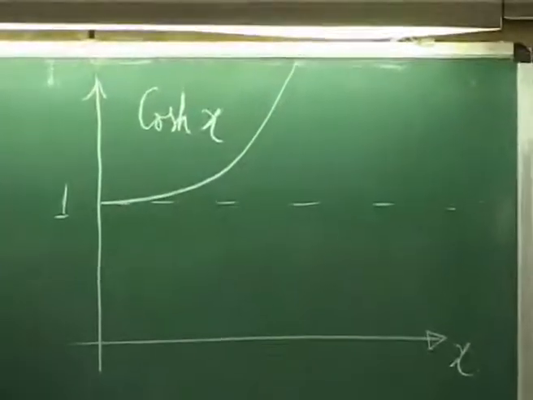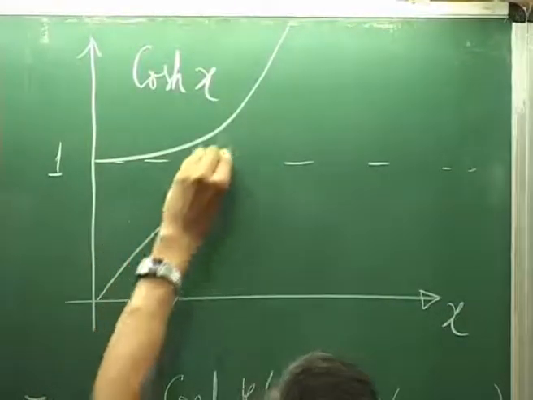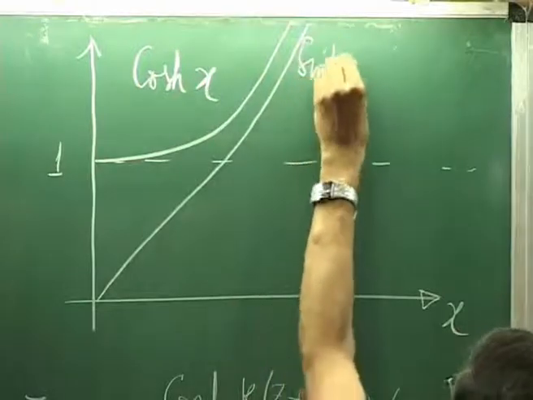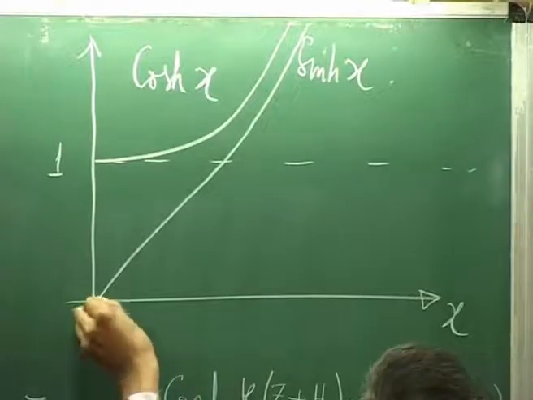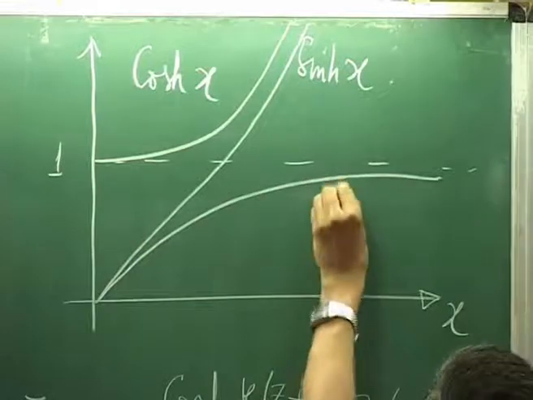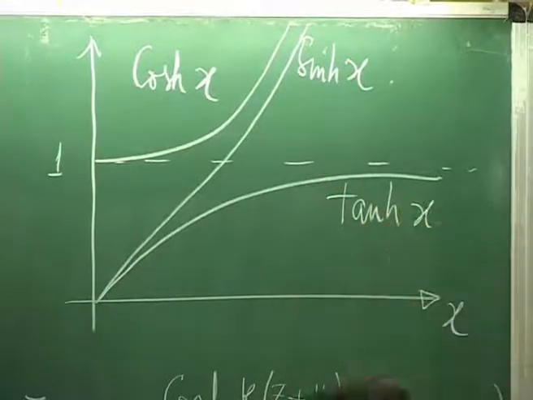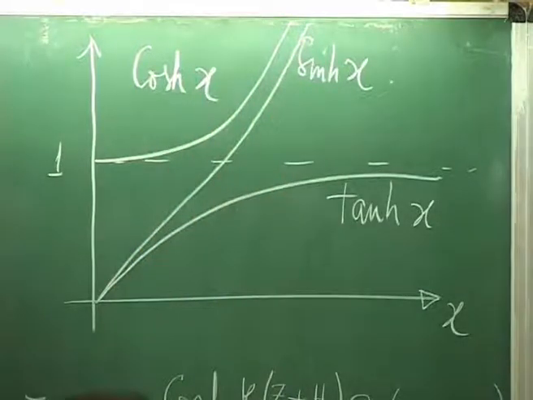And sine hyperbolic x goes like this, that also asymptotes to infinite value, whereas the tan hyperbolic goes like this. So, now you can very clearly see that when x goes to infinity, both of them asymptote and become together, and you get A1 equal to B1.